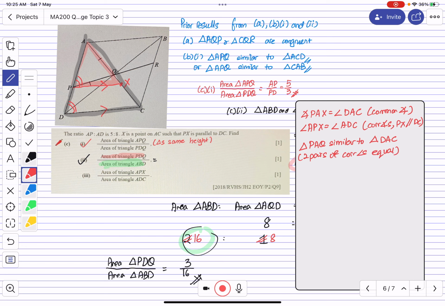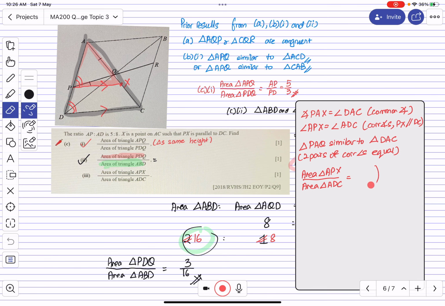Once we talk about similar triangles, remember that when they ask about area ratio of triangles, it's either talking about triangles with the same height or triangles which are similar. For triangles which are similar, the area ratio is just the square of the side ratio. So the area of triangle APX over the area of triangle ADC is the same as AP over AD, squared.